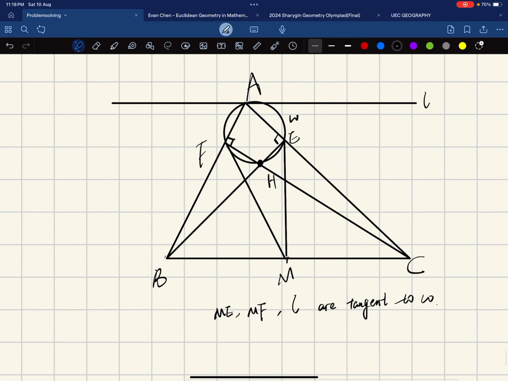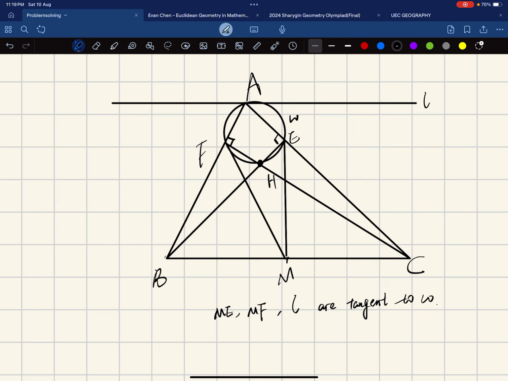We have to prove that the three lines ME, MF, and L are all tangent to the circle omega, which refers to the circle AEF. First, we can easily know that the line L is parallel to BC, and it is tangent to the circle omega, right?